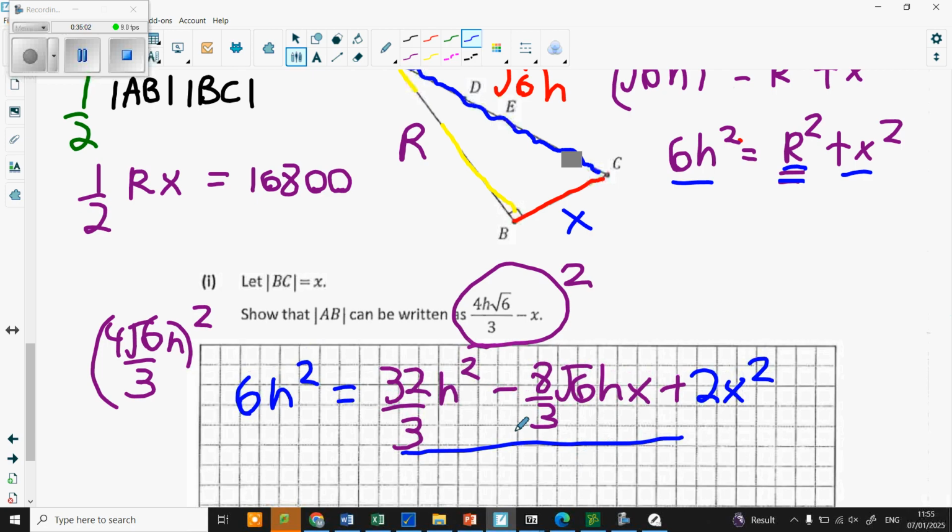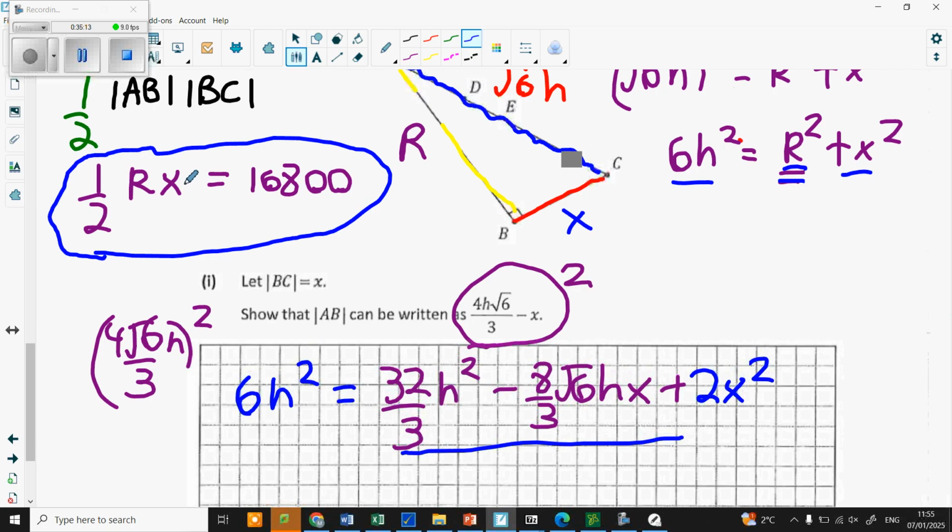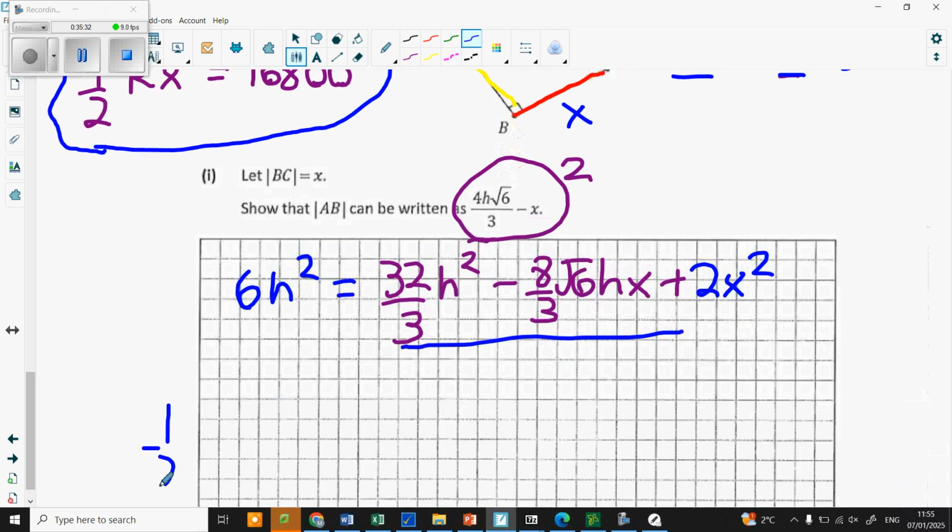So it's going to be a half R, which is your 4h root 6 over 3, take away X, times X, equals 16,800. Get rid of the half. What am I going to do with that half? Move it up and double that. Will everybody be happy? That's now 33,600. Now, I'm going to multiply this out.